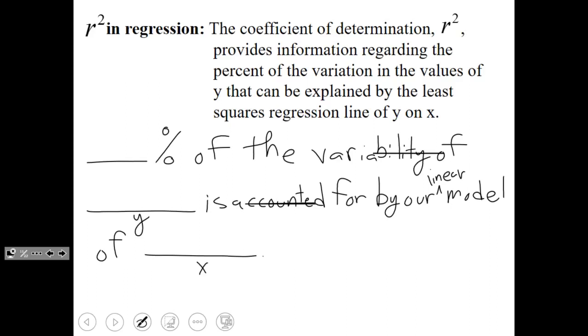So this is what R squared gives us. R squared is a measure of the percentage of the variability that has been accounted for.